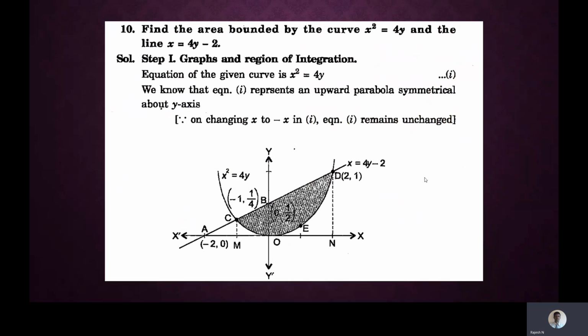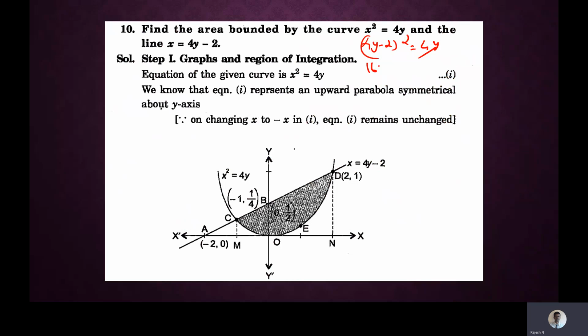Find the area bounded by the curve x squared is equal to 4y and the line x is equal to 4y minus 2. So x squared is equal to 4y and x is equal to 4y minus 2. You substitute x is equal to 4y minus 2 here, so 4y minus 2 the whole squared is equal to 4y.